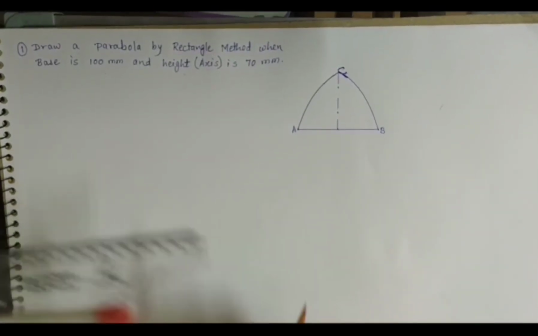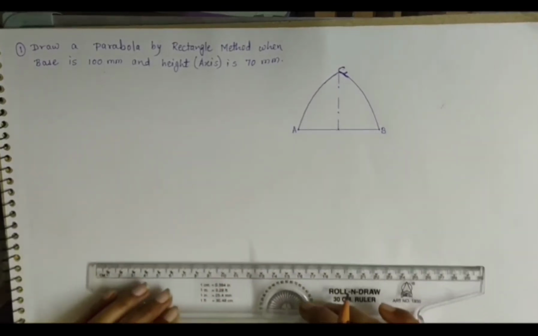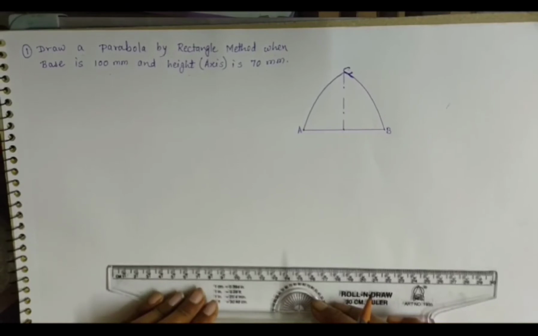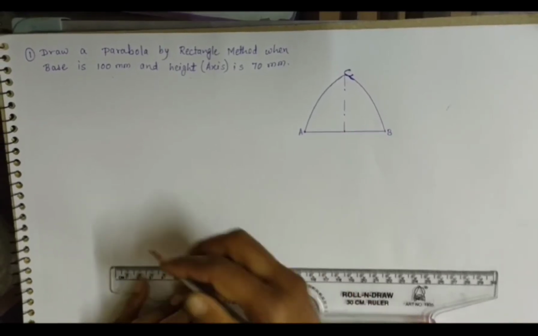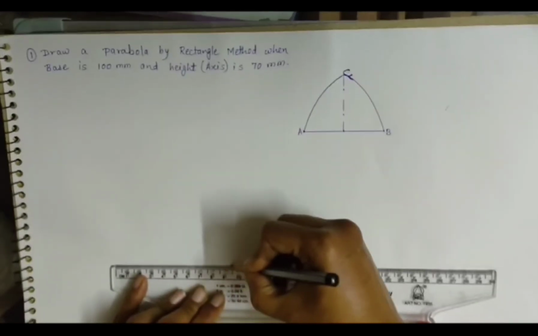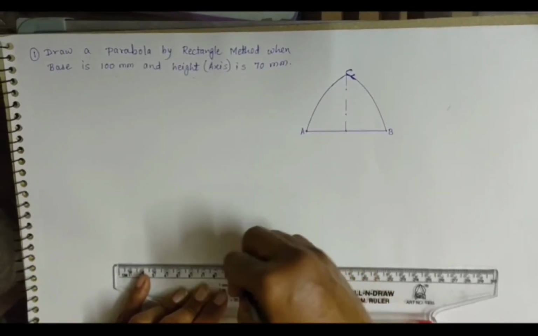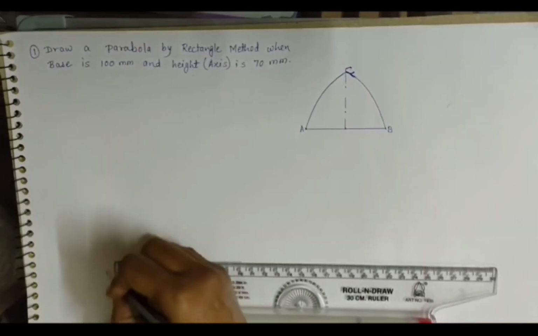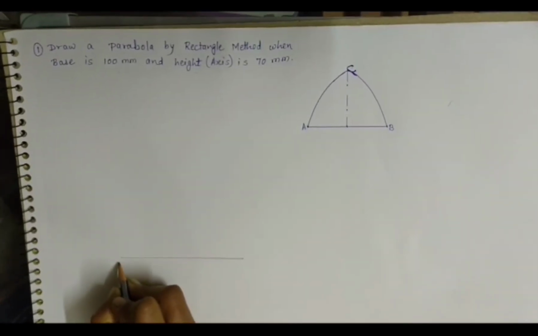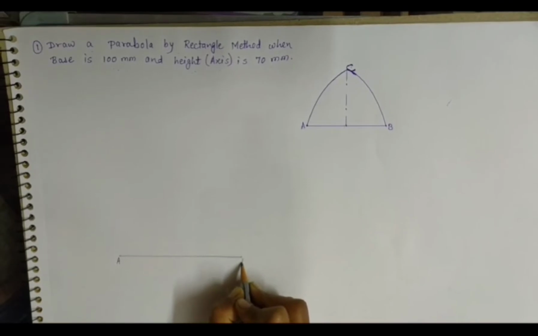So for it, at the very first, we will draw a base of 100 millimeter, means 10 centimeter. This is the 10 centimeter line, which is the base AB.